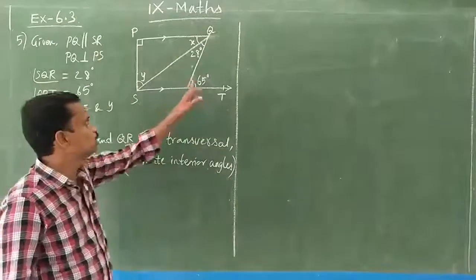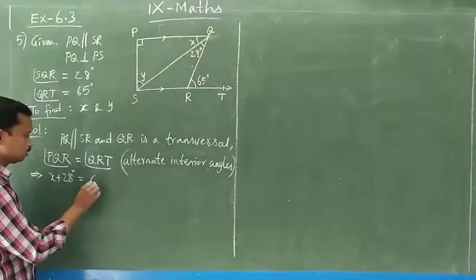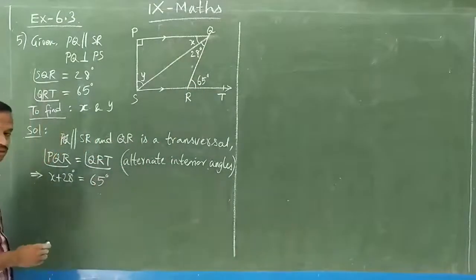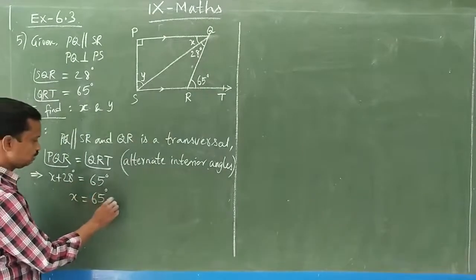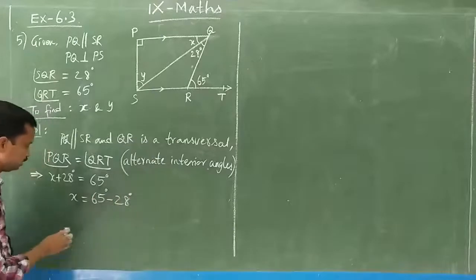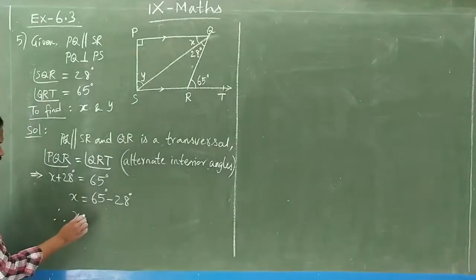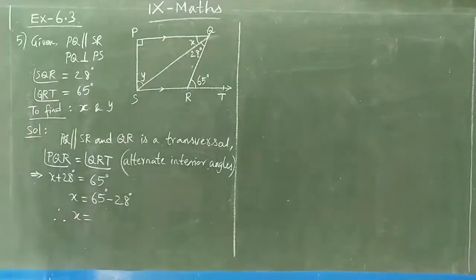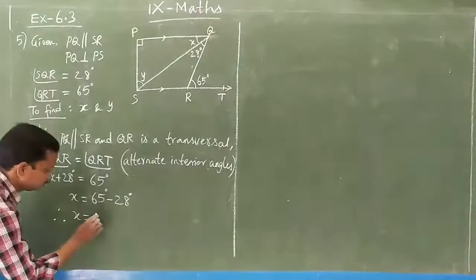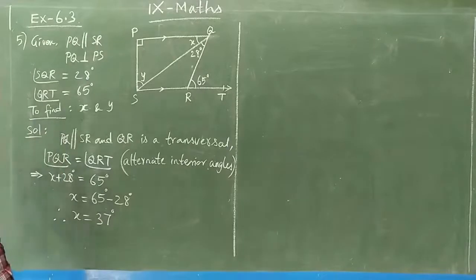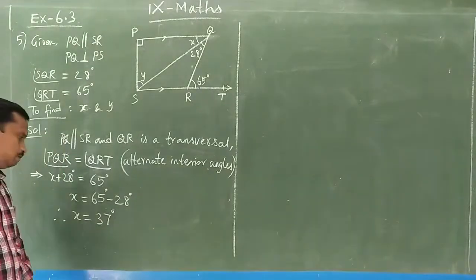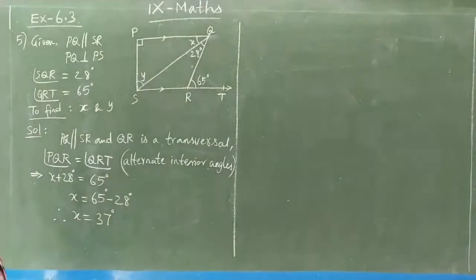That is equal to QRP, which is what? 65 degree. So we can equate like this. And now X equals 65 degree minus 28 degree. So therefore X is equal to how much? Okay, 37 degree. So now we found the angle measure of X.